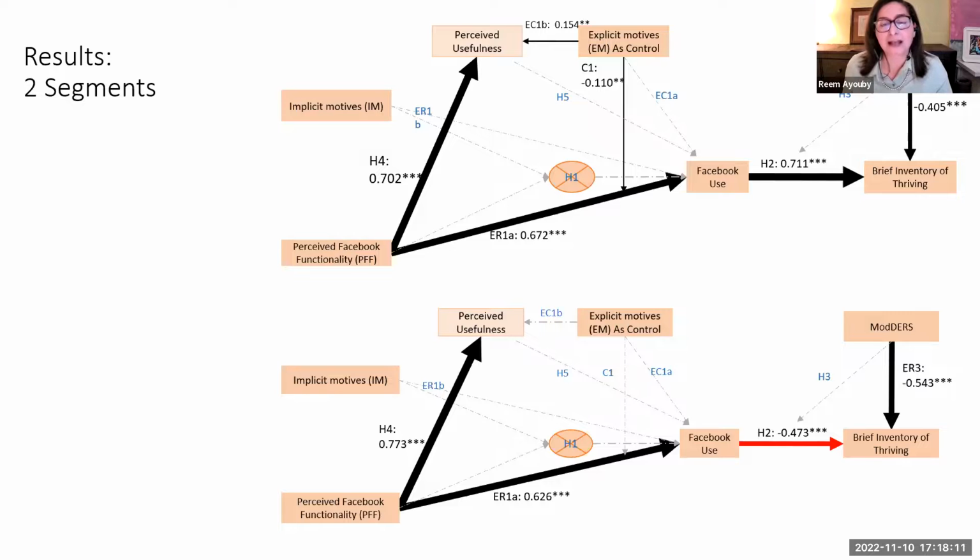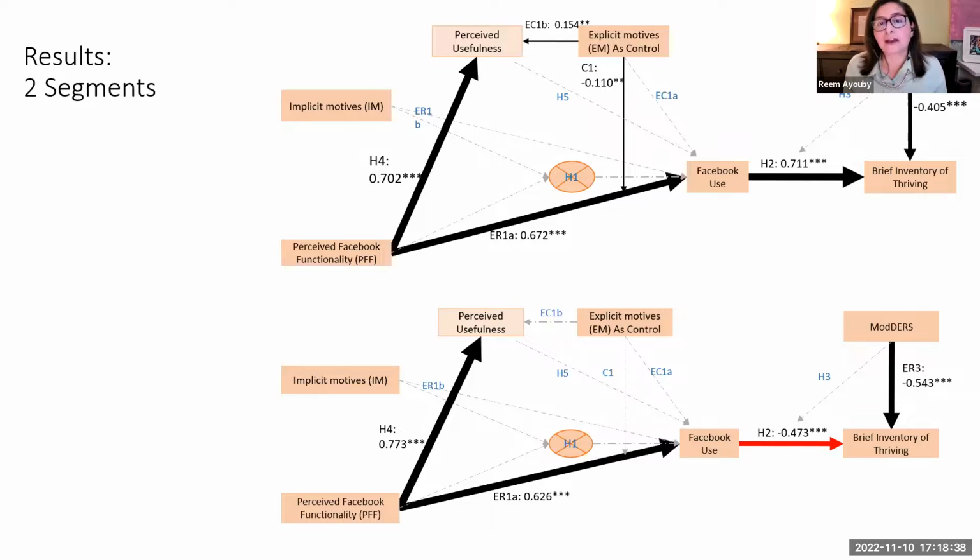At first it was very bland, and then I decided to segment the data. The tool I use allows us to segment the data and optimize it on one of the dependent variables. So I optimized on the well-being construct, which is the brief inventory of thriving. And with that, I found that there were actually two groups.